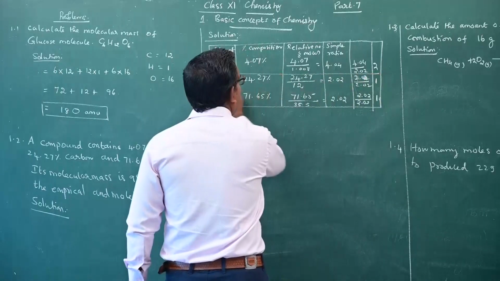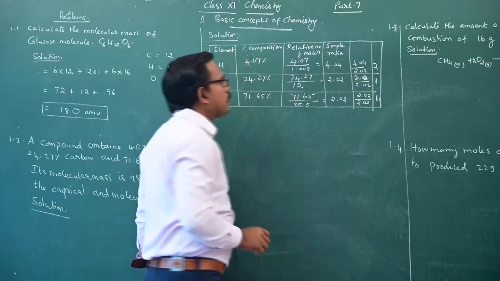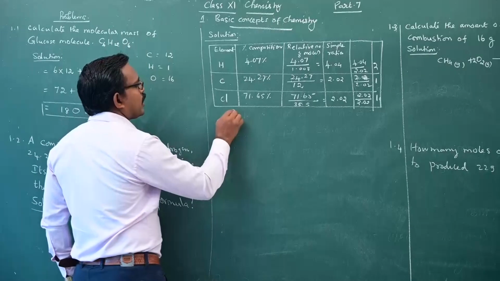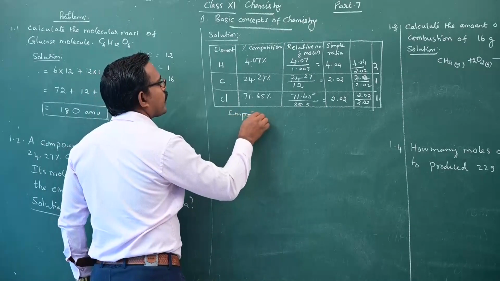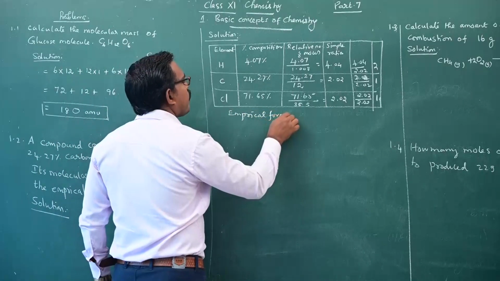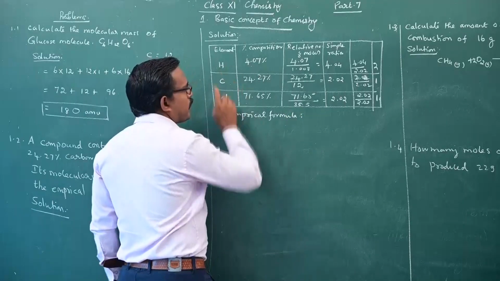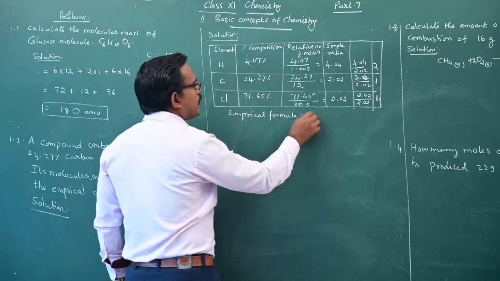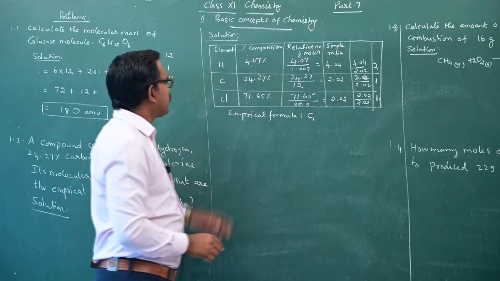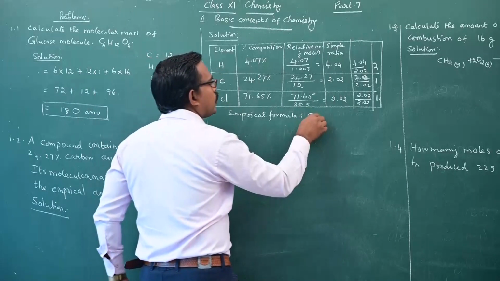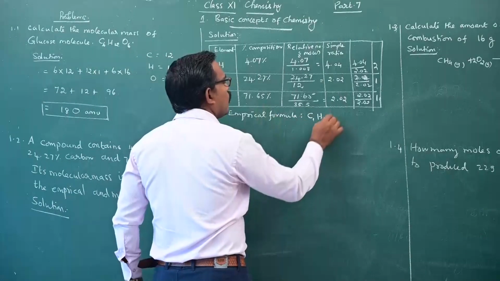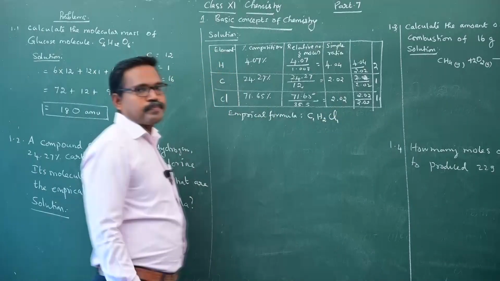From this data we can find the empirical formula. What is the empirical formula? 1 carbon atom, 2 hydrogen atoms, 1 chlorine atom.